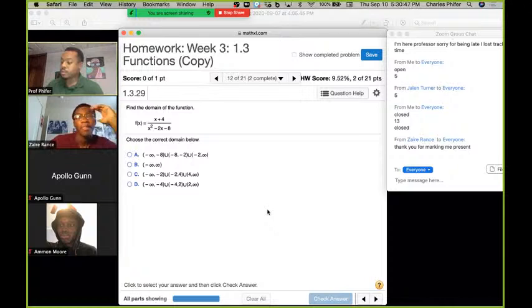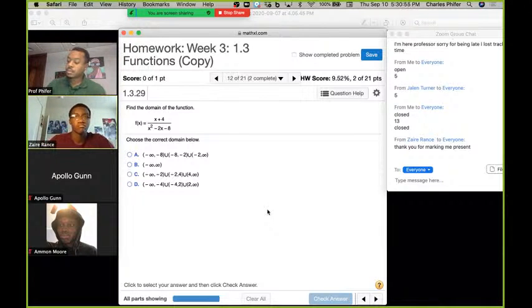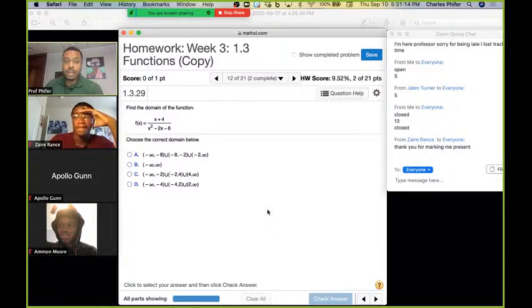Oh, hang on, you're going too slow for me. This is question number 12. And we have f of x equals, on the bottom, x squared minus 2x minus 8. That's the bottom. And the top is x plus 4. All right? And then it says find the domain.